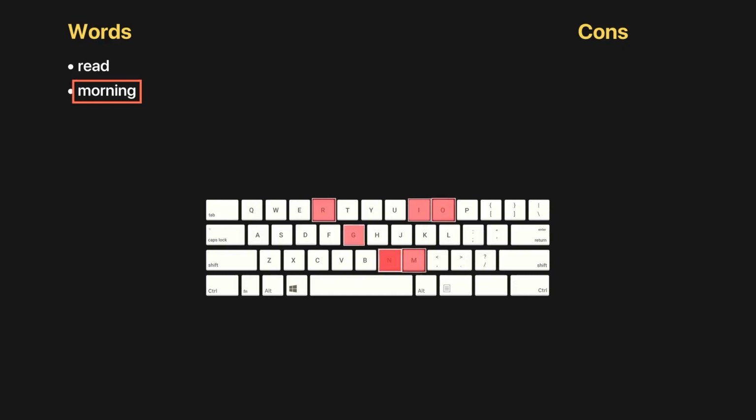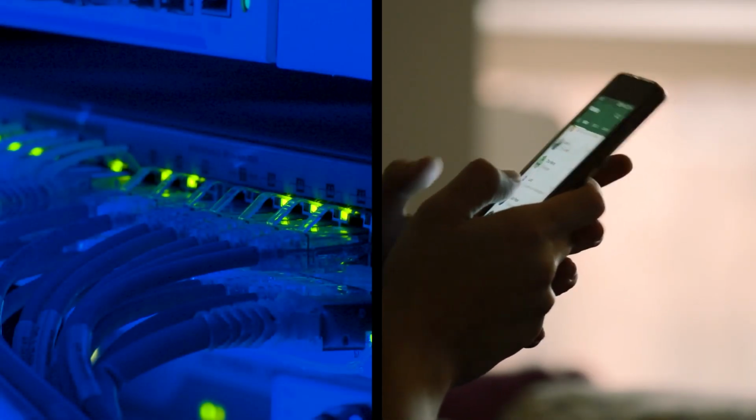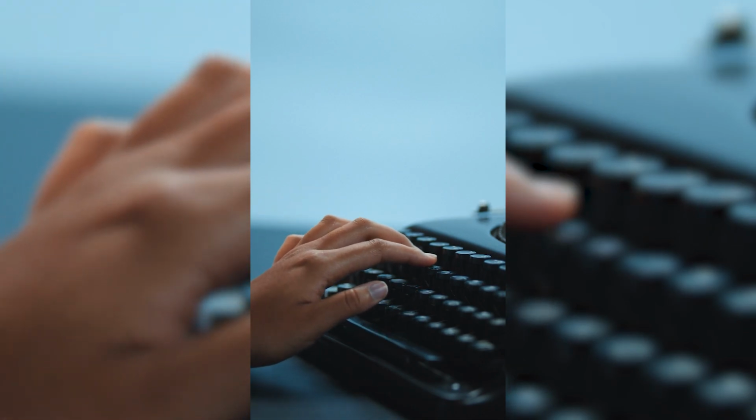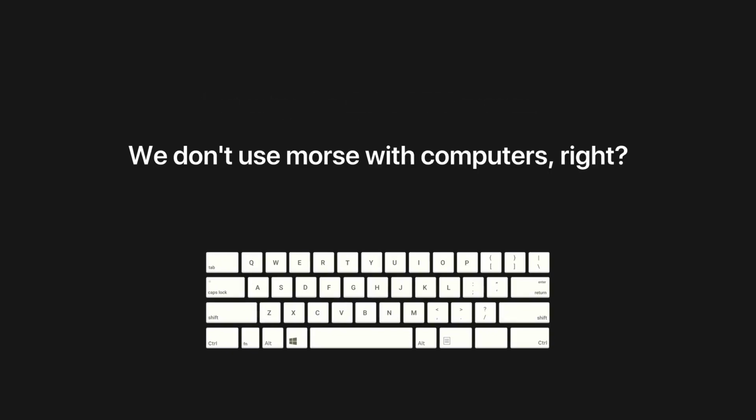We notice some problems, like complicated finger motion and a tendency to use one hand for typing. We are way past the telegraph era. We don't use jamming-prone typewriters anymore. Why don't we have a keyboard layout that's studied to provide a more appreciable typing experience?